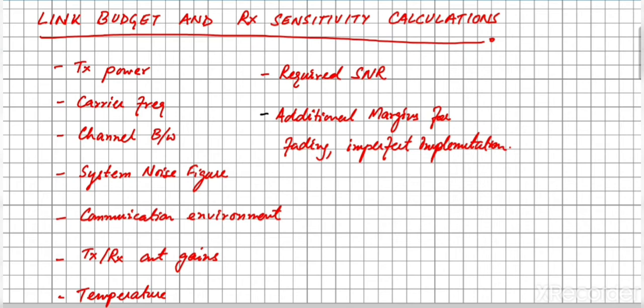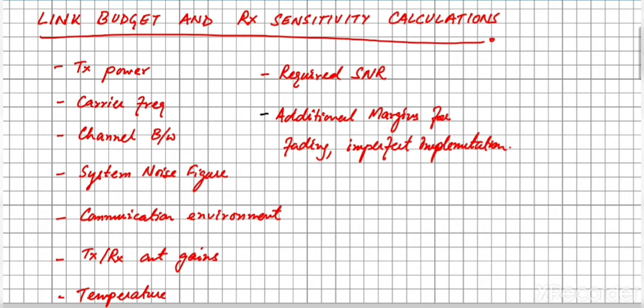All in all, we are going to learn the impact of all these parameters and how we can use them to predict the performance of a communication link. So we are going to start. We are going to have today's lecture in a few parts.